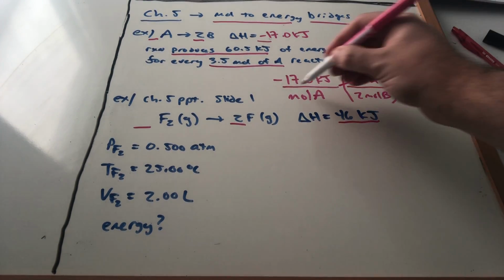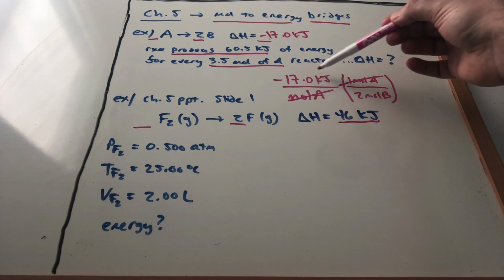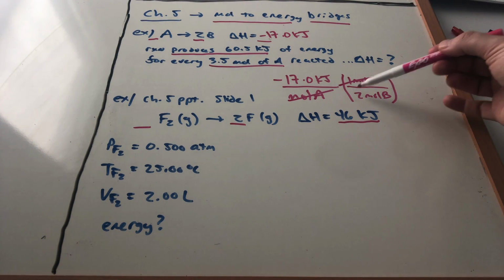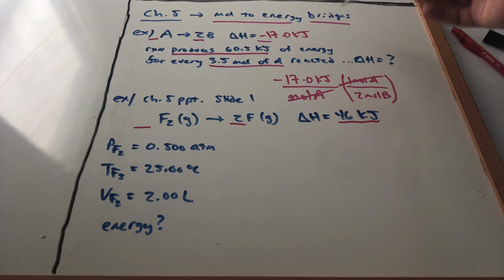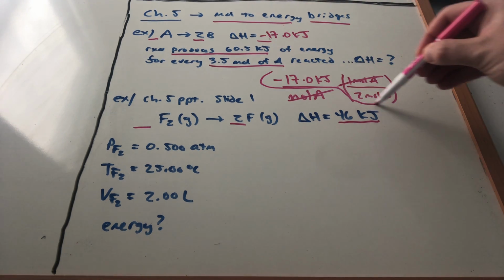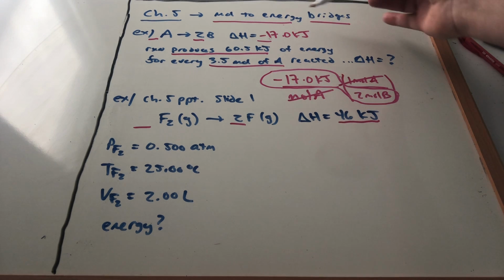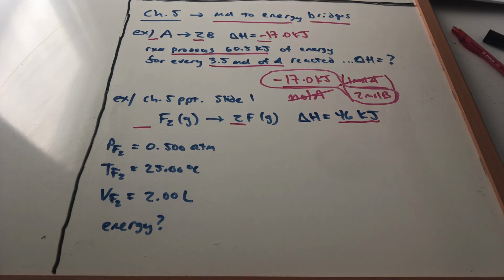Okay, hold on a second. Notice what we build right here. We have minus 17.0 kilojoules of energy for 2 moles of B. Come up here to this reaction. Again, if we interpret those mole to energy bridges, essentially we've just proven what we had before. Because this reaction up here says that we get minus 17.0 kilojoules of energy for every 2 moles of B. And that's the mole to energy bridge that I see there.